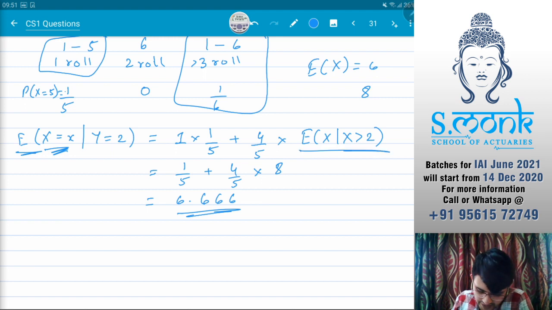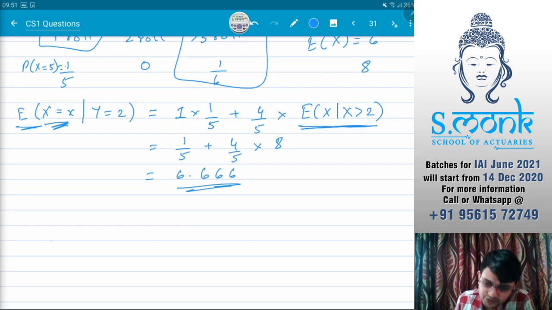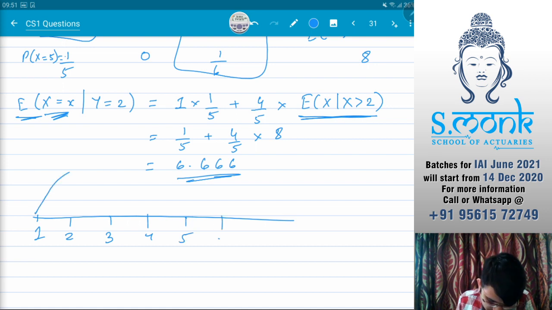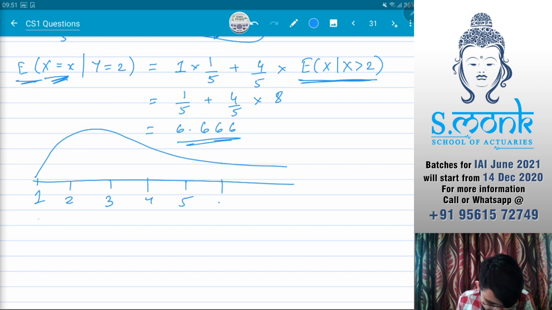Okay, so this is using the memoryless property. The problem is that we do not have a lot of such sums, so that is what I was saying. Because of the memoryless property, our distribution will give us the same expectation, but it is not going to start from 1, it is going to start from 3. So our distribution has shifted. Instead of our distribution starting from 1, 2, 3, 4, 5 and so on, the distribution is exactly the same, but it starts from 3, 4, 5, 6, 7, 8 and so on.